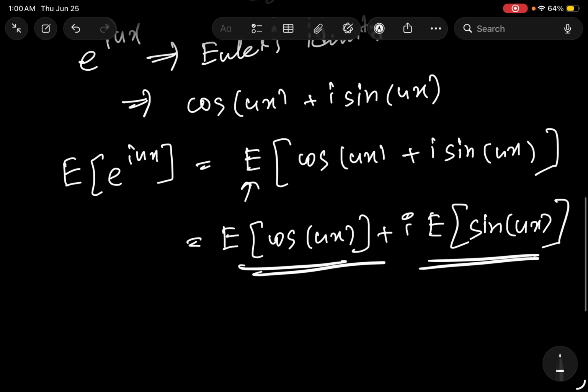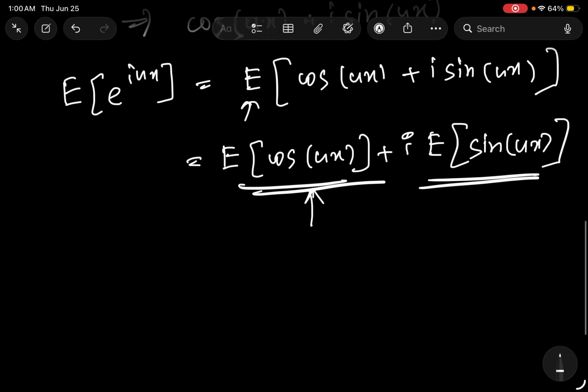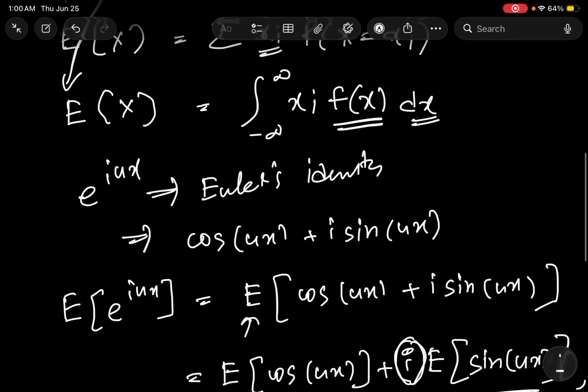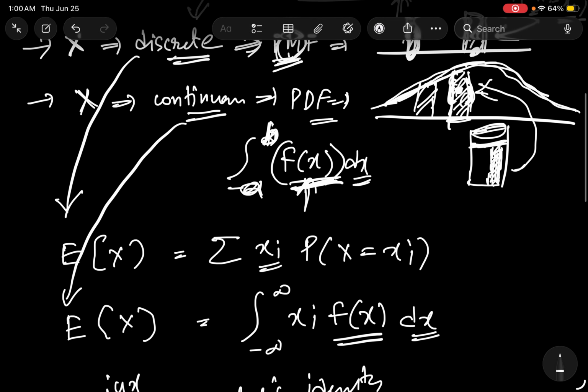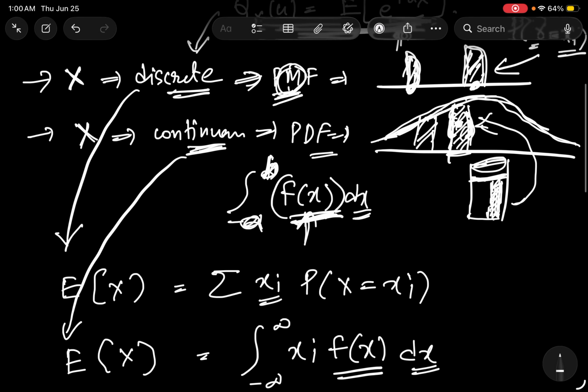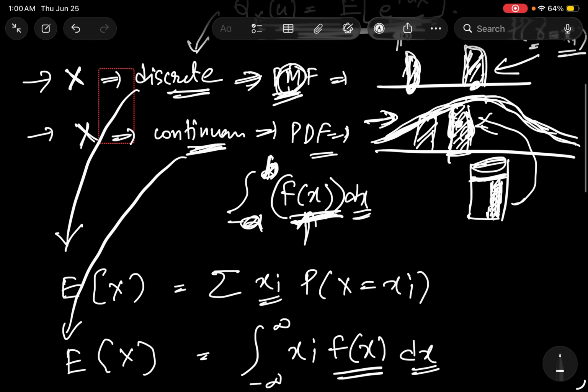This means for a random variable x, we are just averaging the cosine and sine waves. But because we have an imaginary number i, we have two separate curves. Now let's say the random variable was of continuous type, meaning we had a structure of a curve. We had a curve, right?